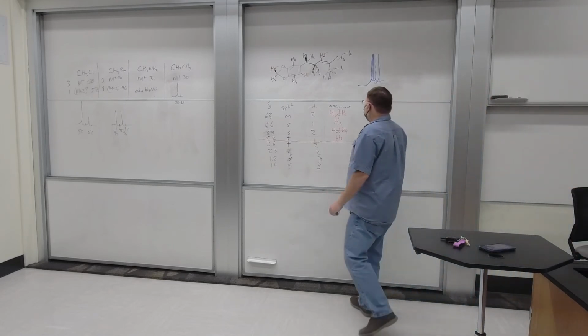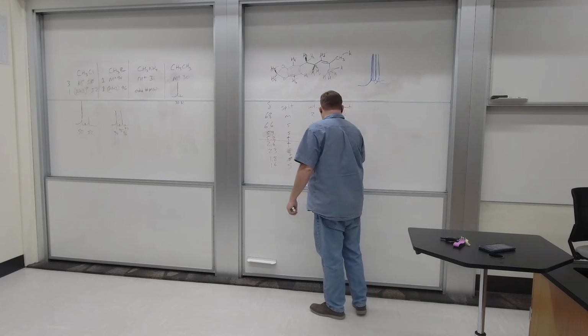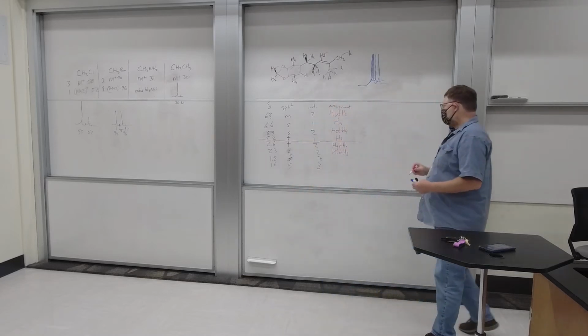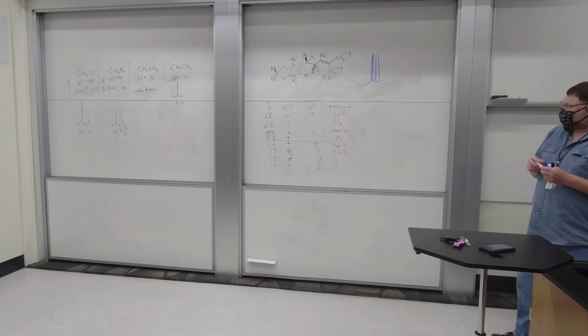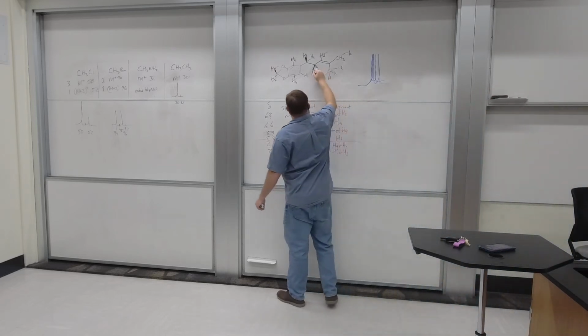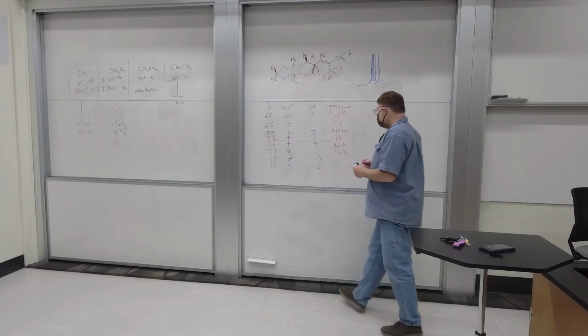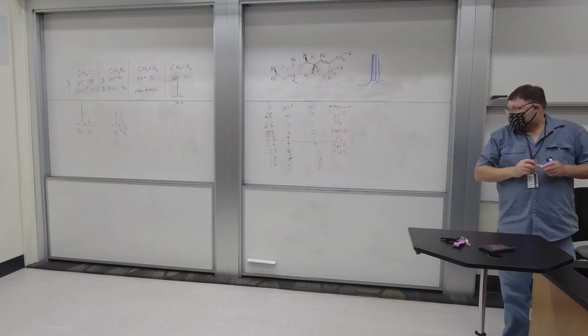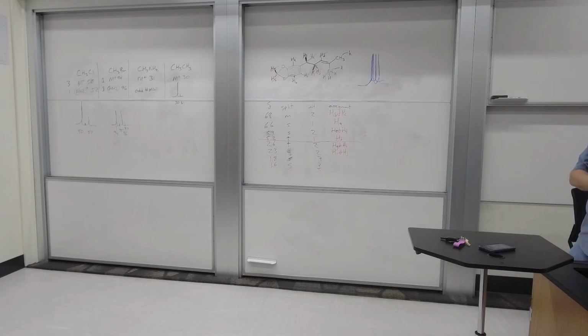So the 2.6 triplet is G, H. The quartet at 2.3 is I and J. And so that's almost all of them. We've got 2 singlets, 1.8, 1.6. 2 singlets that integrate for 3. By process of elimination, those have to be the 2 methyl groups.